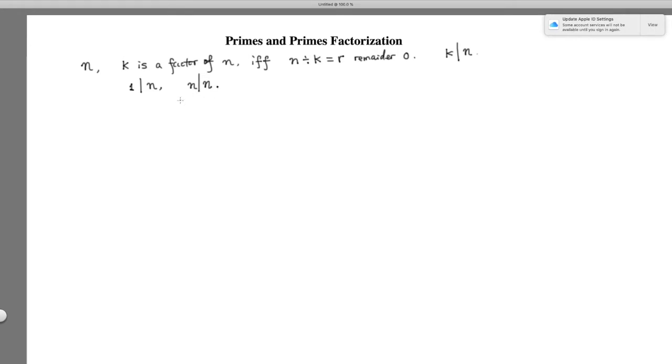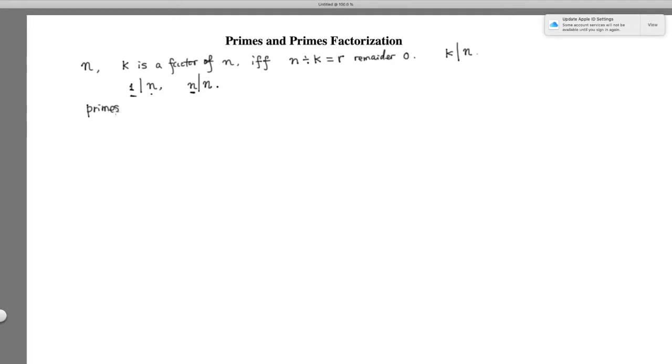Now there are numbers that are very special. The only two factors of such a number are just 1 and n itself. And these numbers are known as primes. So let's put the prime definition here.